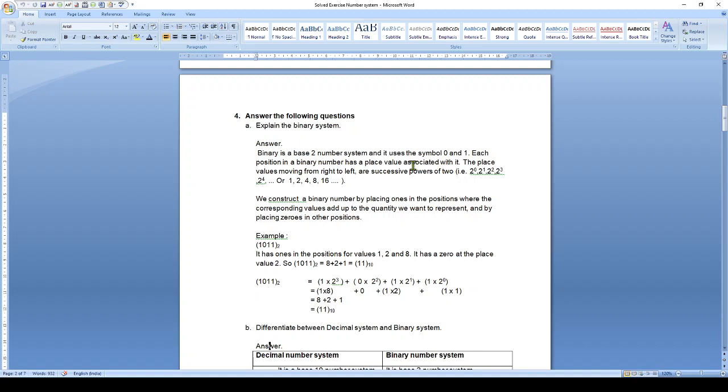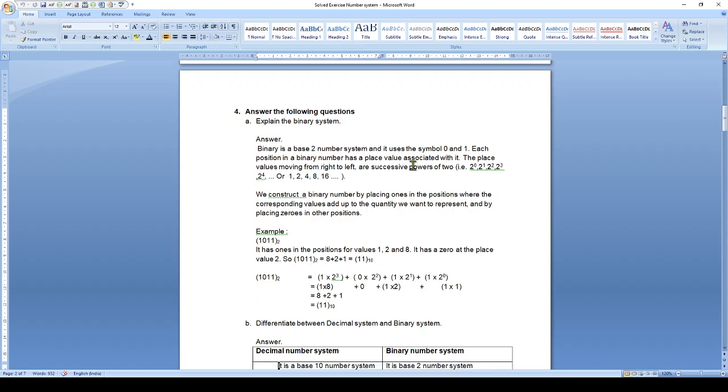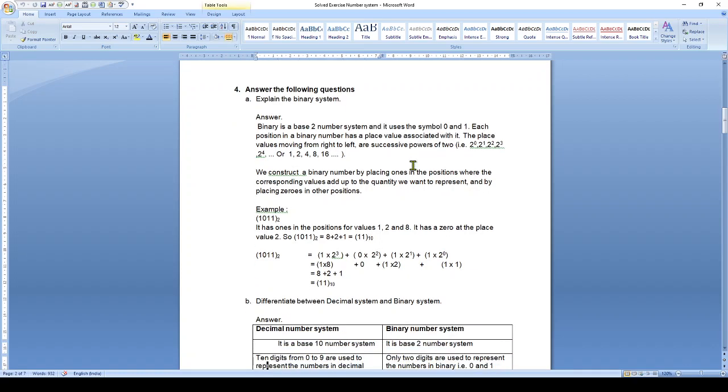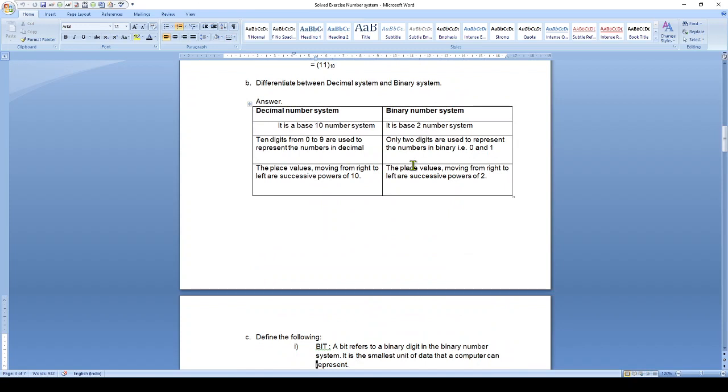So you have to write the points of differences between a decimal system and a binary system. The base 10 number system and the base 2 number system. So that is one point of difference. Decimal system is a base 10 number system, and under binary system you write it's a base 2 number system.